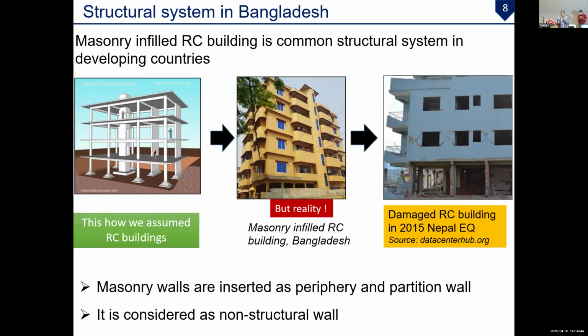But after an earthquake, what happened? This is the Nepal earthquake, and here you see that the masonry infill changed the seismic behavior. During the design stage we considered only the frame, but in reality the masonry infill completely changed the behavior of the damaged building. So the masonry infill wall is not considered a structural wall when it is designed.